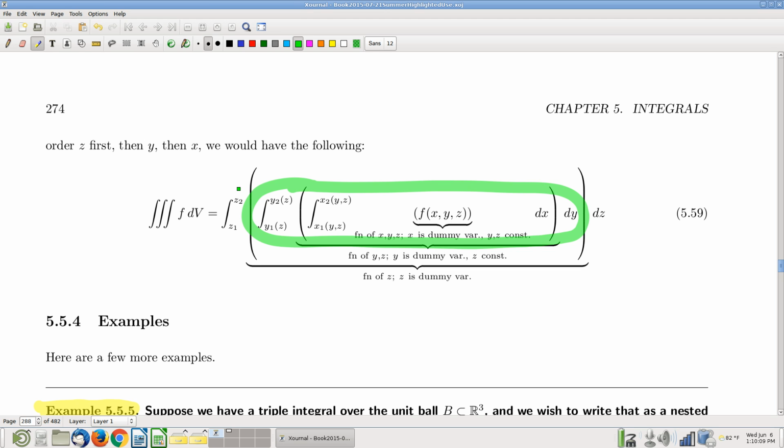So anywhere there had been x's, there are now just y's and z's. So the x's have disappeared completely. And for the purposes of this dy integral, there are no x's. Y is the dummy variable. And the variable further to the outside, z, treated as a constant because it is a constant. It became a constant when, as part of the dz slicing process, we took a slice perpendicular to the z-axis, thus making z constant.